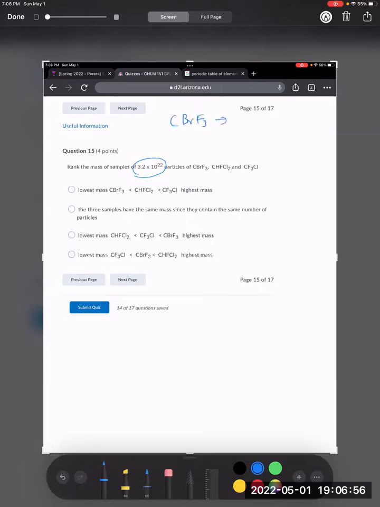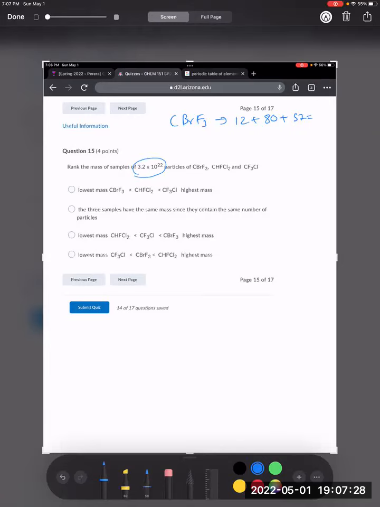Anyway, so let's think about CBrF3, and it should be 12 plus 80 plus fluorine is 19. 19 times 3 is 57. 80 plus 12 is 92, and 92 plus 57 is 149, right?